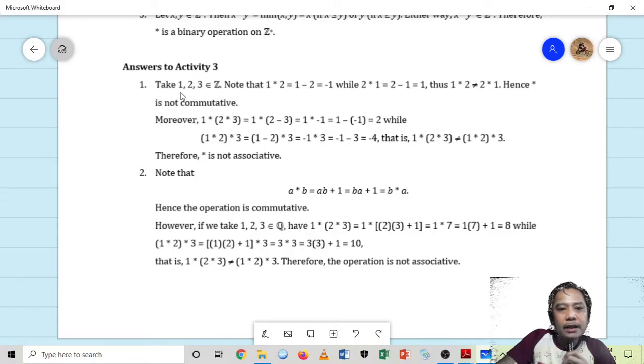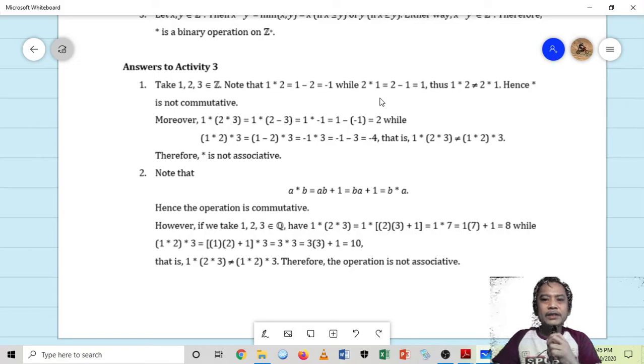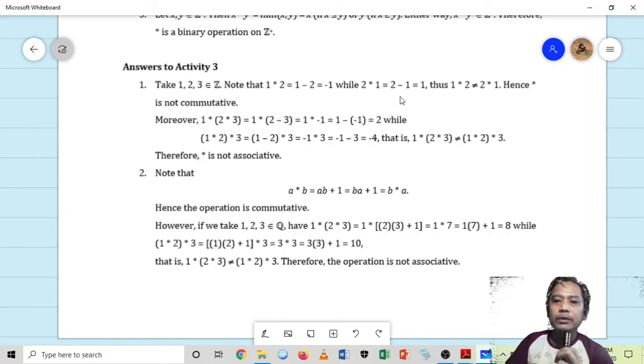If we take the elements 1, 2, and 3 of the set of integers, note that 1 operation 2 will be 1 minus 2 or negative 1, whereas 2 operation 1 is 2 minus 1 or 1. So 1 operation 2 is not the same as 2 operation 1, meaning the operation asterisk is not commutative.